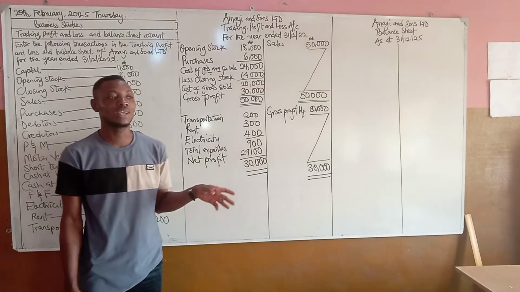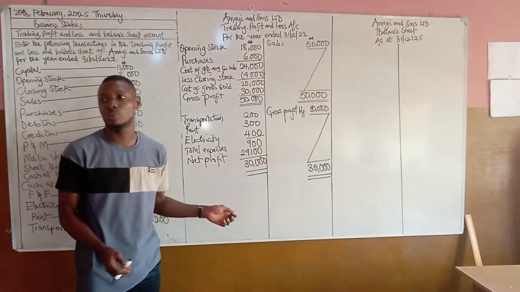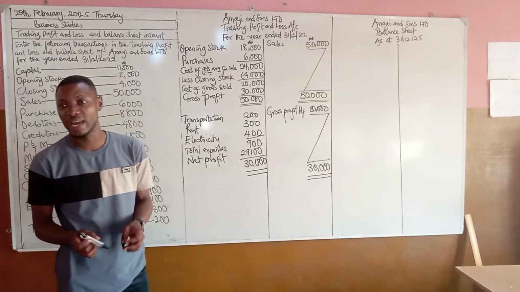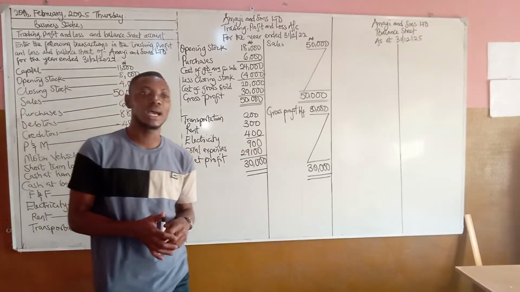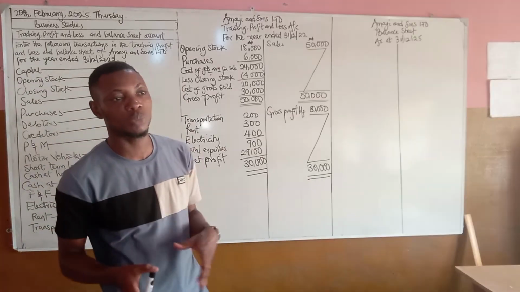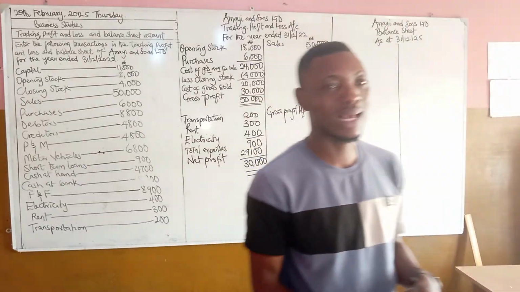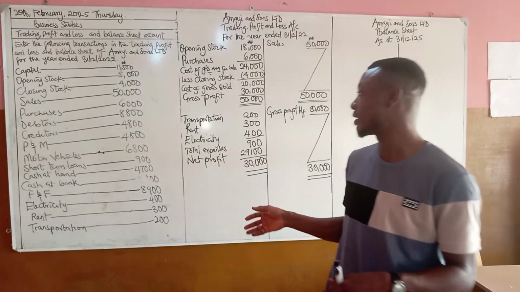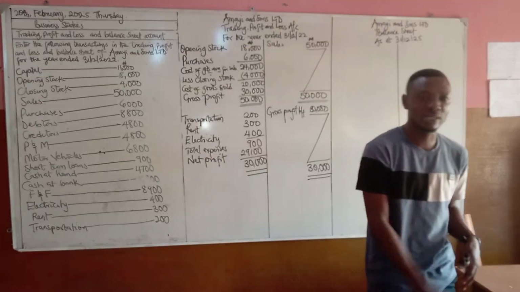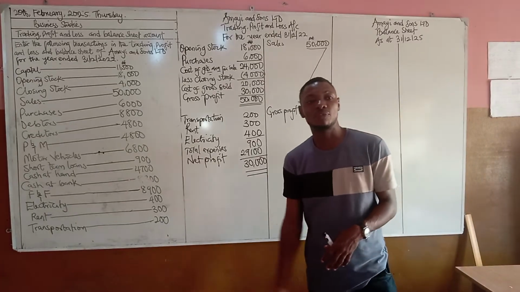Now you see that there's no way we would have been able to get net profit without solving for the trading account. So the trading account helps us to ascertain the gross profit, which is carried forward to the profit and loss account, and it helps us to ascertain our net profit. And then we need the value of the net profit where?